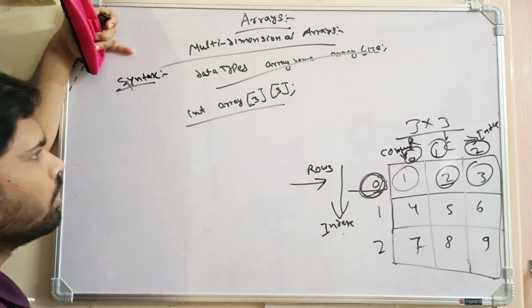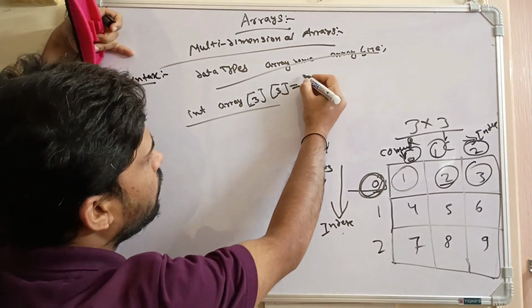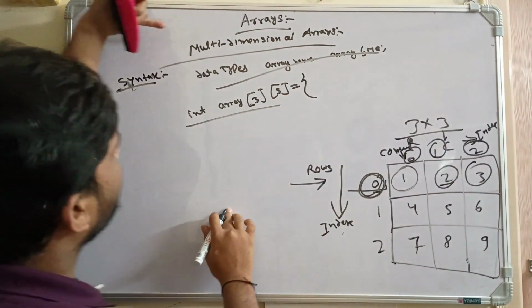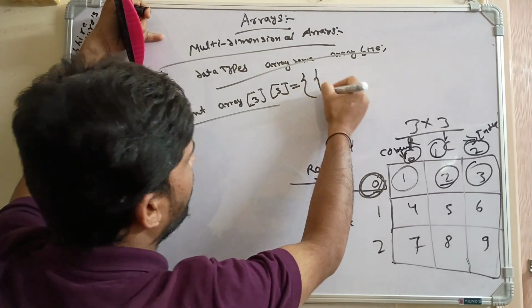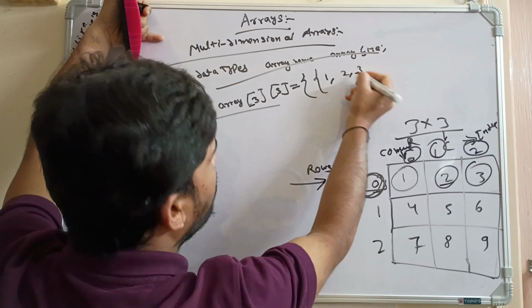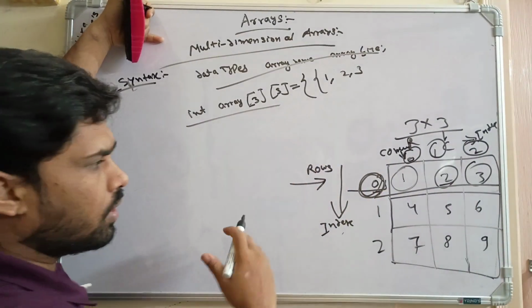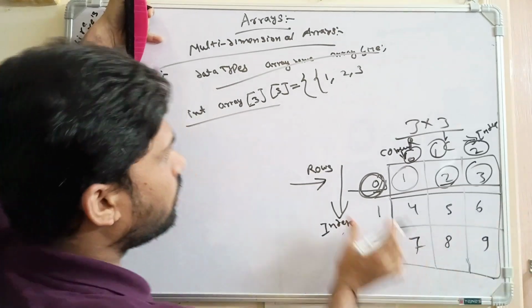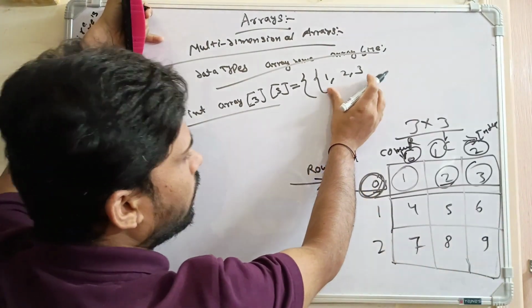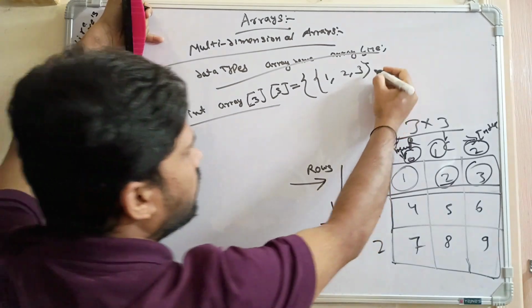If you want to initialize some values in this, first open the curly bracket. Inside the main curly bracket, write 1, 2, 3. This is what? Row value, sorry, column values, right? So in one row I have taken all three values. Close the bracket.